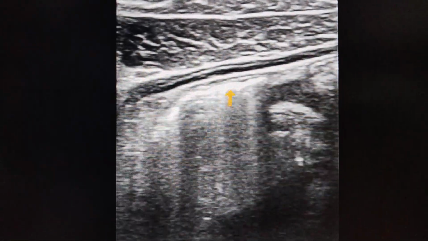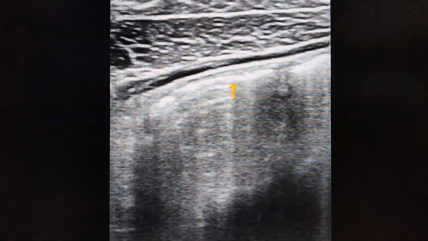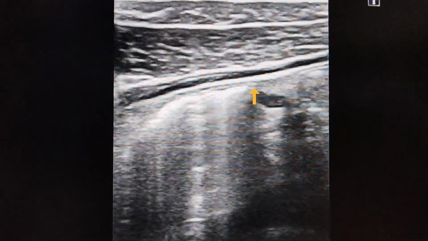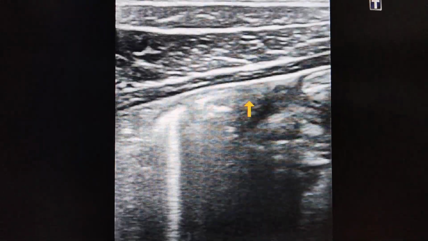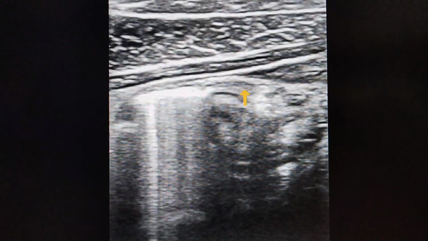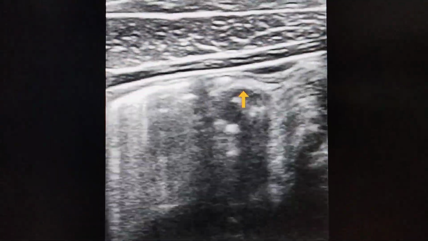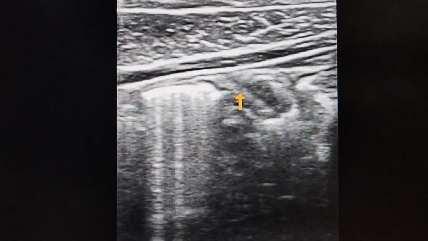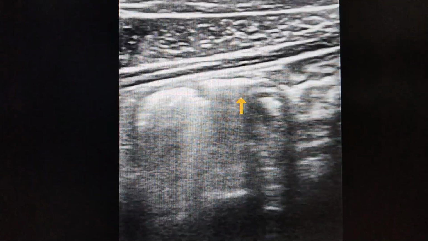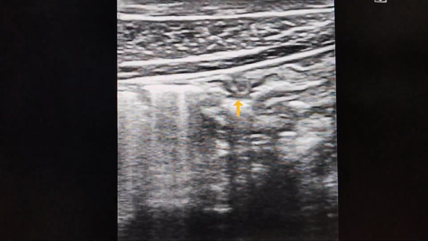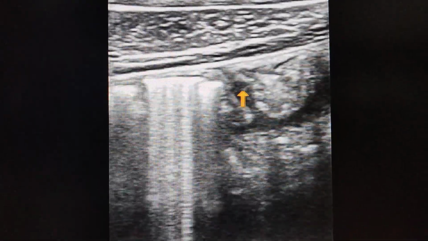This is the segment of the cecum, and now I am going to move the probe in sagittal section.